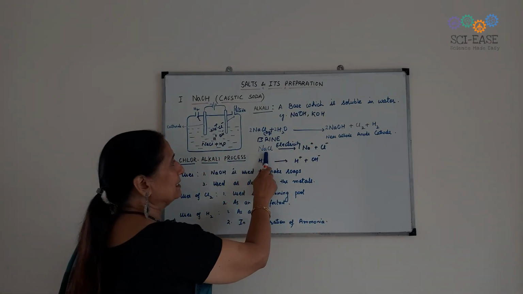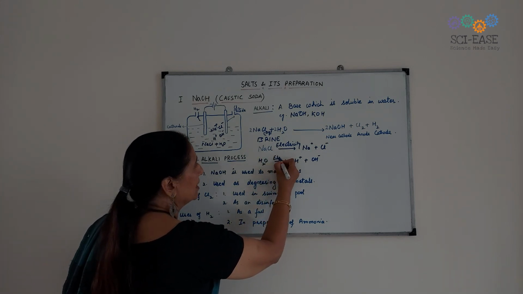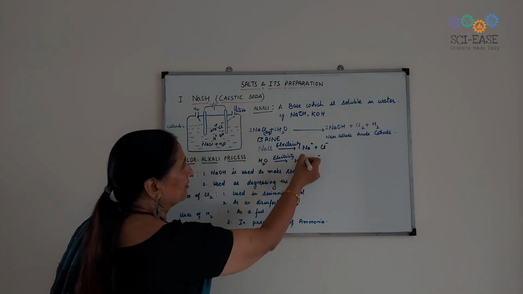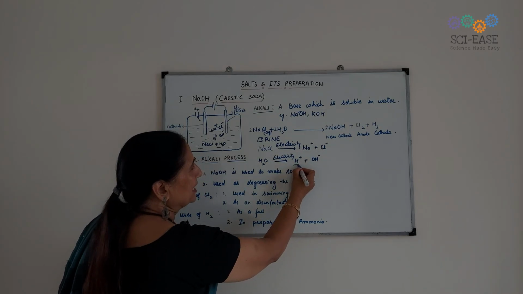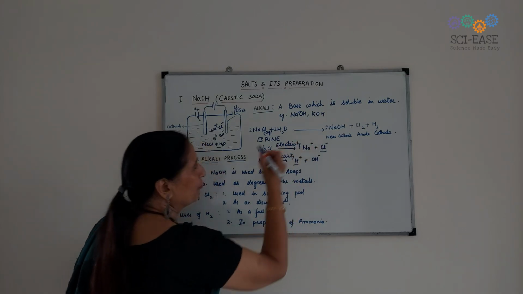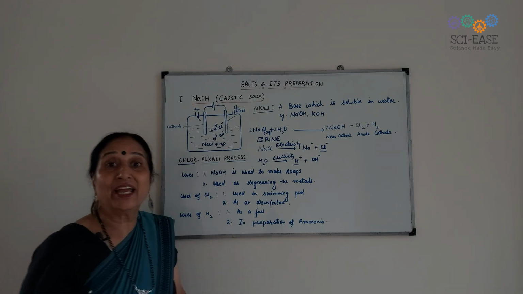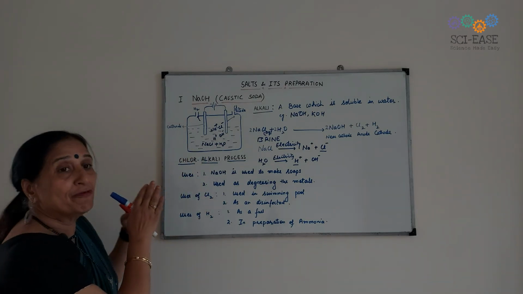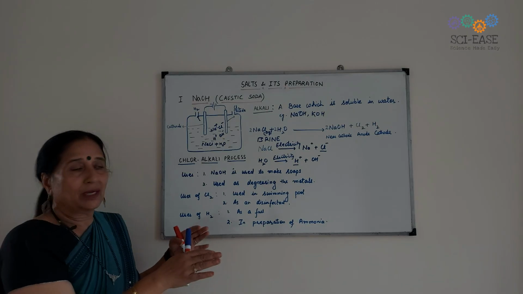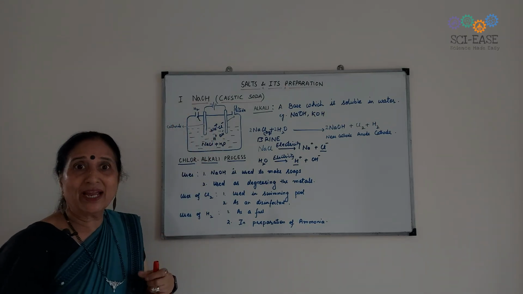Dissociation of NaCl has taken place when electric current is passed. H positive and OH negative are formed. H positive will form H2 gas, Cl negative will form Cl2 gas. What is left is NaOH, so NaOH will be formed near the cathode.